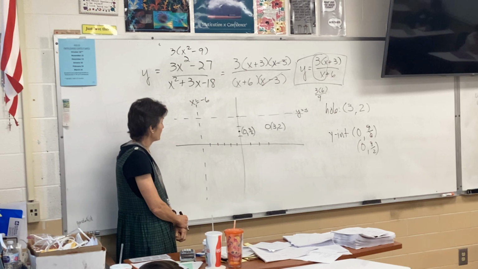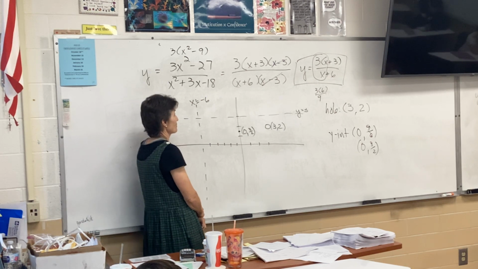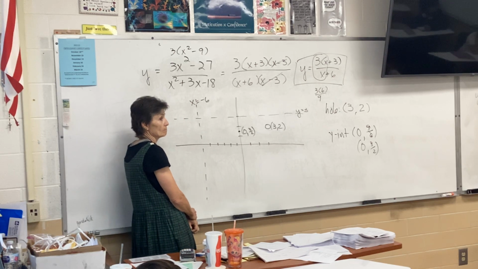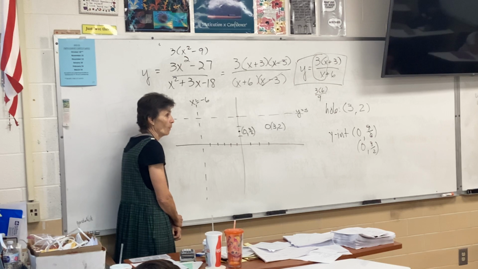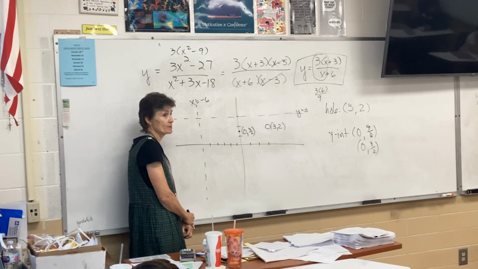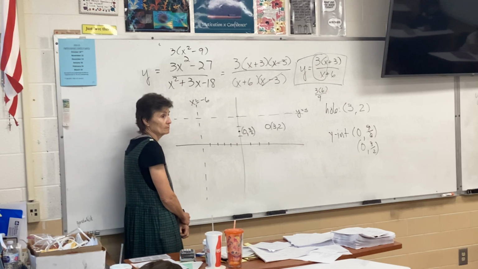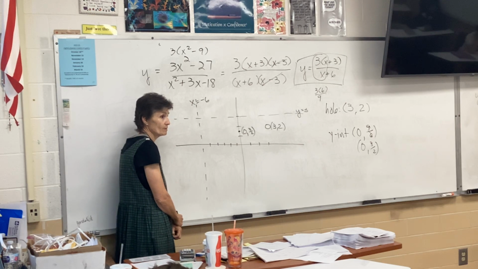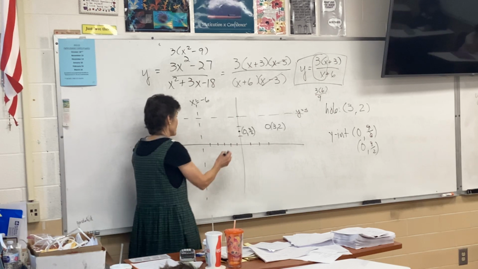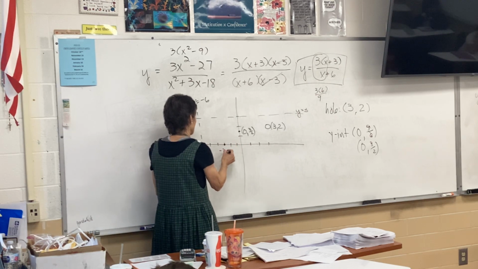What am I missing? X-intercept. What's my x-intercept? What number would you put into the numerator that would give you 0? What would make the numerator 0? Negative 3.